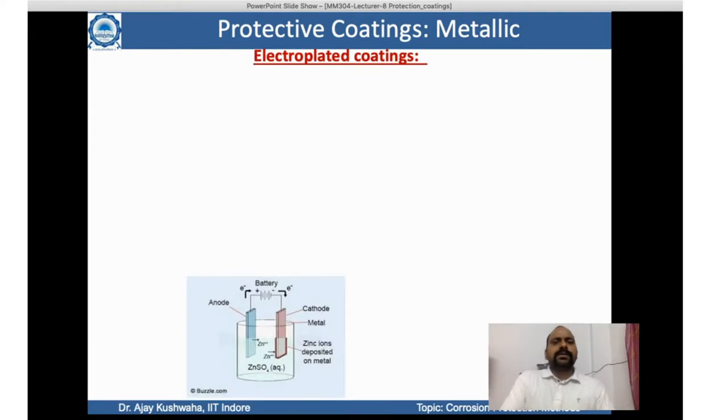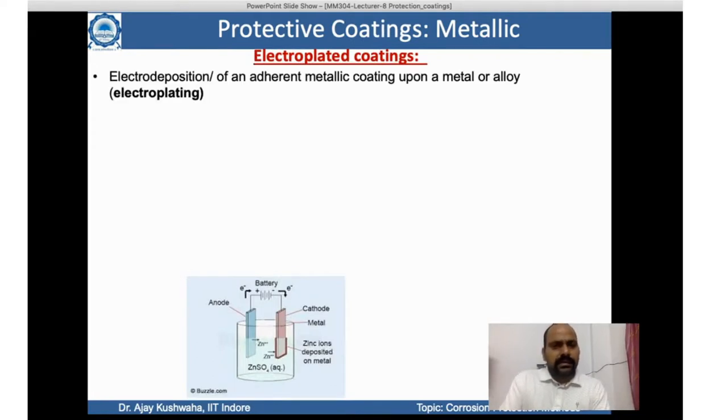So, electroplated coating. In this method, electrodeposition of an adherent metallic coating upon a metal or alloy is performed by electroplating. Electroplating means we are using one material as an anode and another material, a base material on which we are willing to deposit a metal, will be utilized as a cathode, as you can see here.